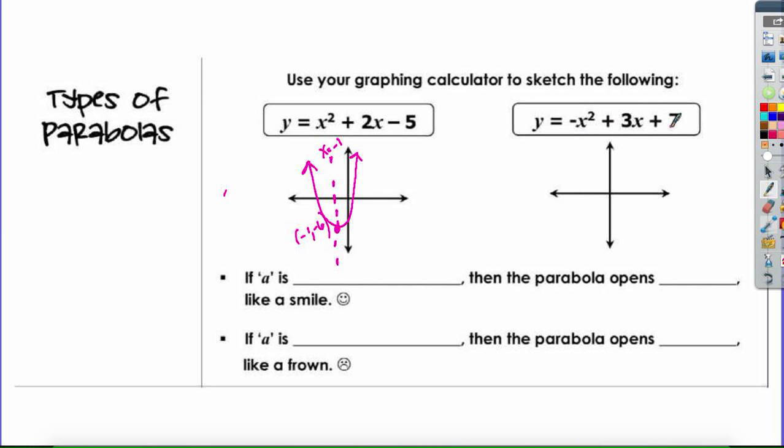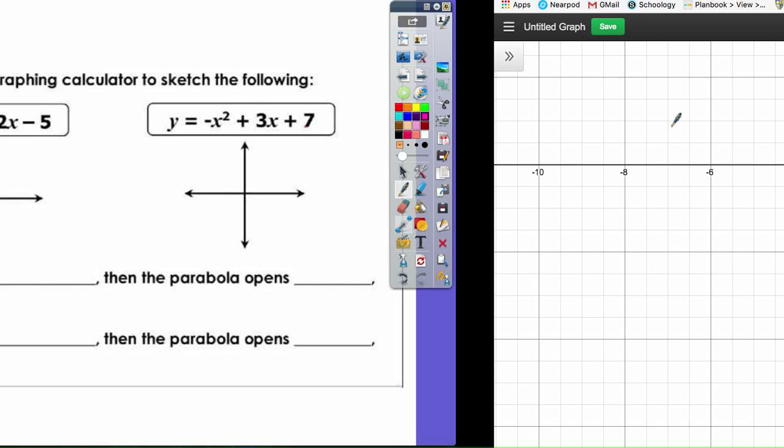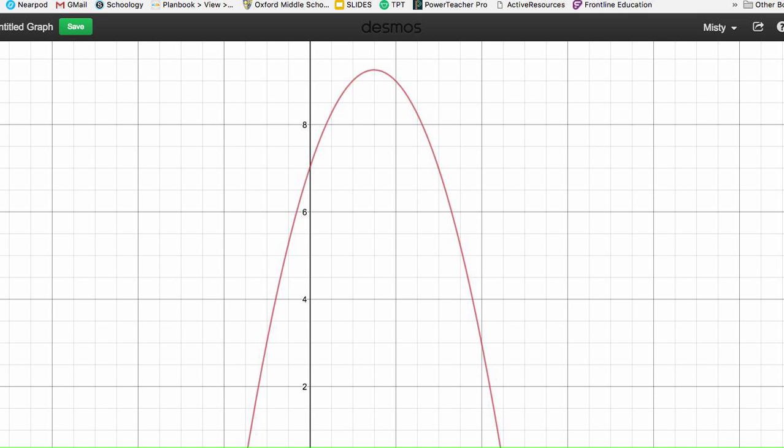Okay, so we'll take a look at the other one and just get an idea of what that looks like. So I already typed mine into Desmos, and this is what the second quadratic function looks like, -x squared plus 3x plus 7. So this one has a vertex and it is a decimal, so that would be kind of harder to show on the coordinate plane, so we're not really doing all that. We're just doing a rough sketch, but we do have this vertex here, and so technically the line where it would be cutting through in the middle, that axis of symmetry, would be happening when the x value is 1.5.